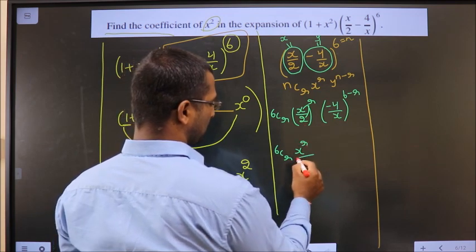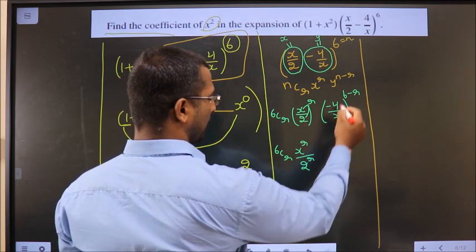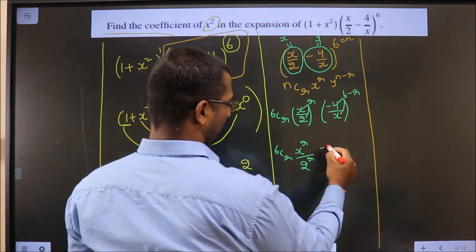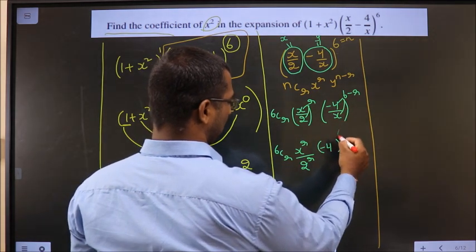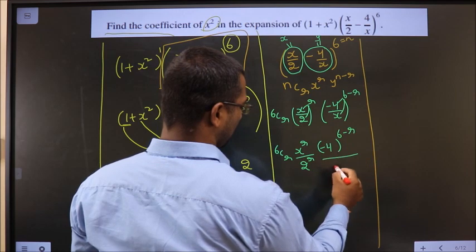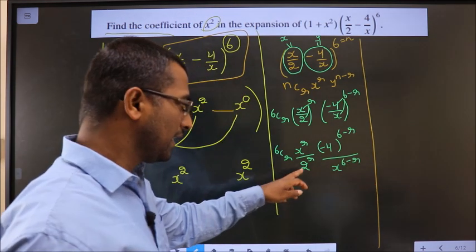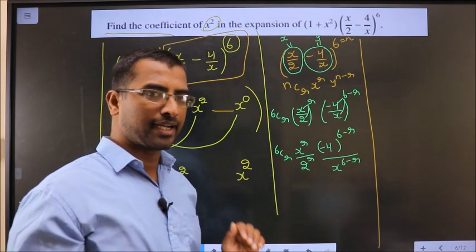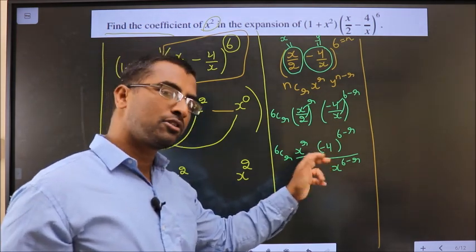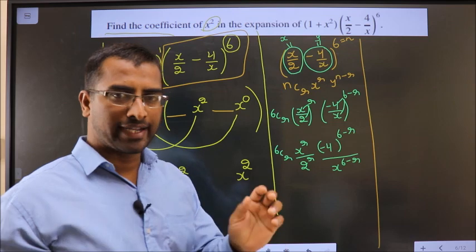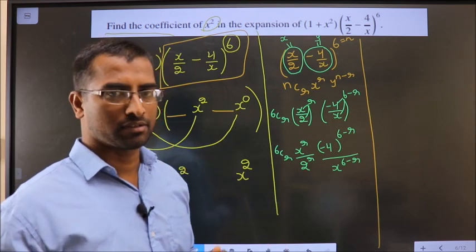So that will be x power r by 2 power r. Here also apply the power. So (minus 4) power 6 minus r by x power 6 minus r. Here it is plus 2, I did not put bracket. Here it is minus 4, so bracket is must. For negative sign, bracket you should put.